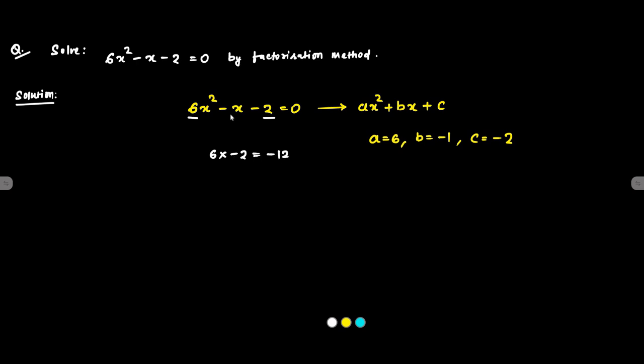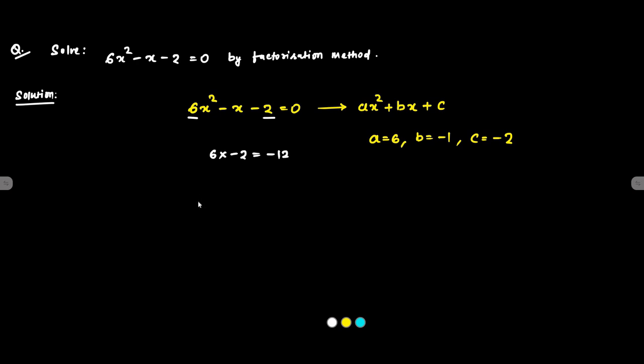So we have to split this middle term minus x in such a way that the product of the two real number values of the split terms is also equal to minus 12. So let us try to do that.